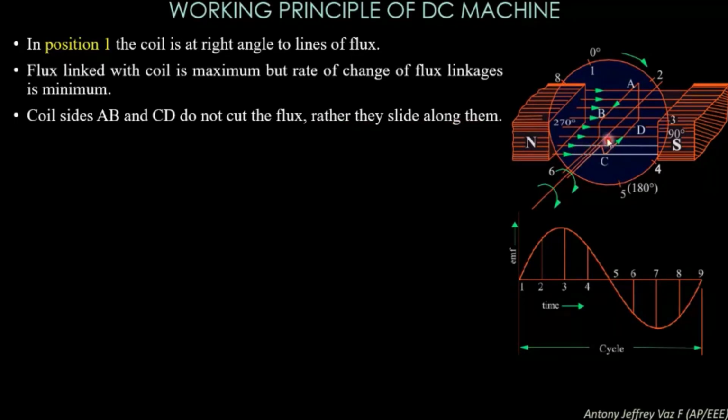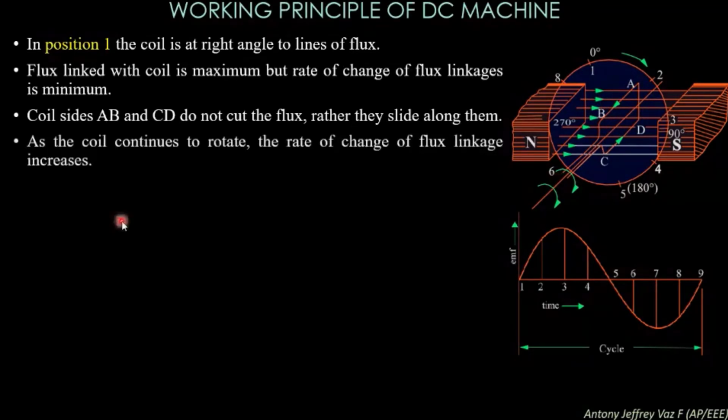You can see the sides AB and CD are present here, and these flux lines pass through the coil like this, so the flux lines will not cut the coil sides AB and CD. They will be passing parallel to the coil sides. So the induced EMF is zero.